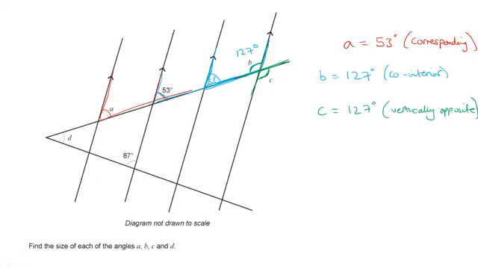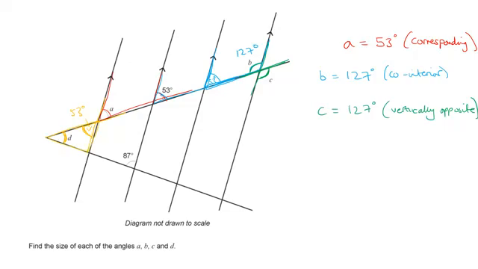And then last one. Shape D here, or angle D, I should say, sorry. What we can do for this one is this angle here is vertically opposite to angle A. Because angle A is 53, this angle here is 53 as well. I just want to look at this little triangle here now.